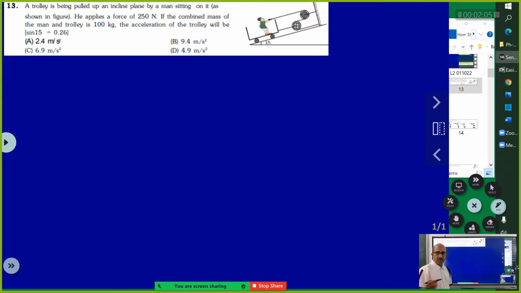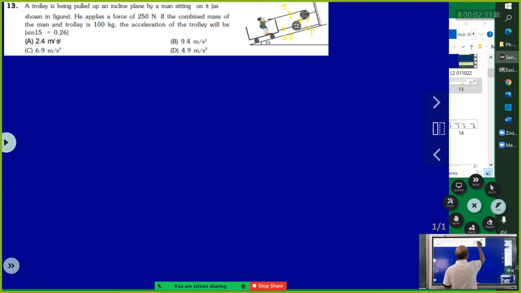Okay. I think most of you are struggling, so the problem is not that difficult. What you have to see is there is a single rope through the pulleys, so the tension everywhere is same. So here the tension is T, here T, here T, and the tension here is 2T.